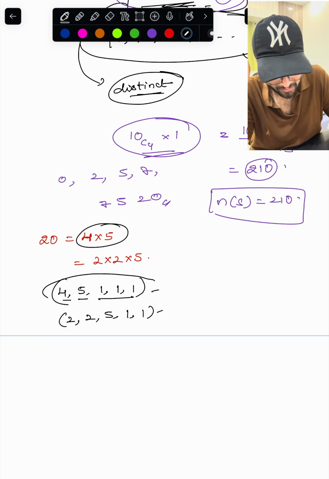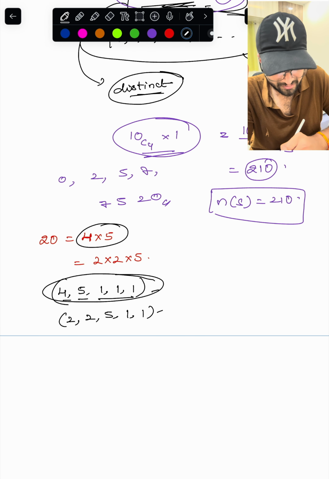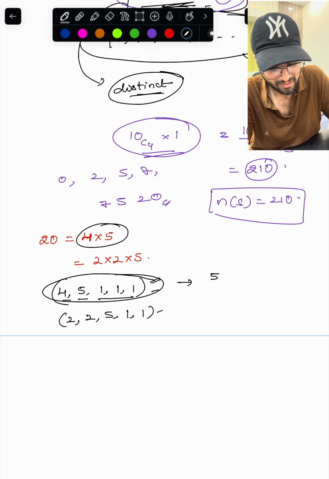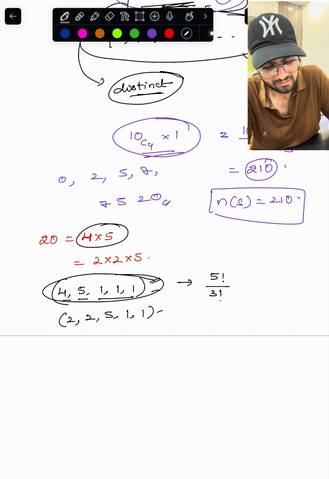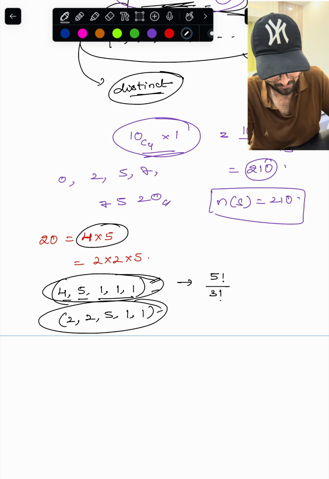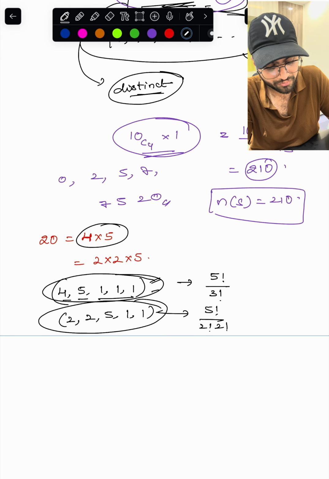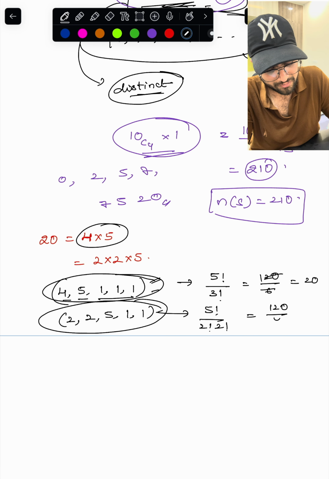Now once we have selected the digits, in how many ways can we select them? One way only, right? Now in how many ways can they be arranged? As there are 5 digits, out of them 3 are repeated, so 5 factorial by 3 factorial. And in the other case, 5 factorial by 2 factorial into 2 factorial. 5 factorial means 120 by 6, you are going to get 20. 120 by 4, you are going to get 30.